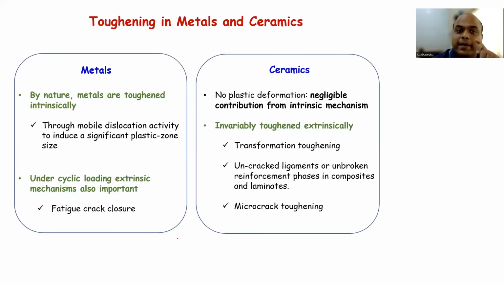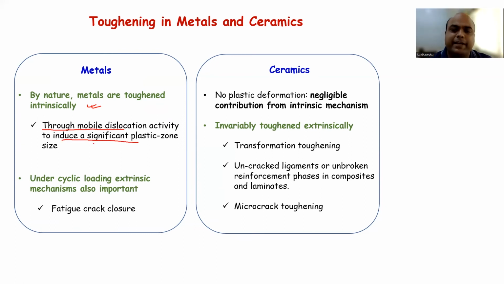Now, if you compare the toughening in metals and ceramics, metals by nature are toughened intrinsically, right? Slip activities. If you have commercial alloys, then you have all these phenomena of void growth, nucleation, etc. So metals are toughened mainly because of slip activities, and that's what is written: through mobile dislocation activity to induce a significant plastic zone size.